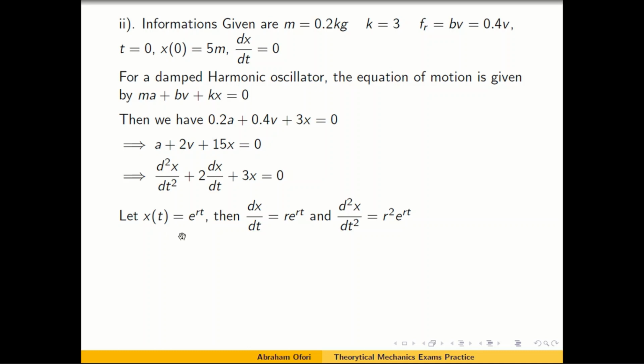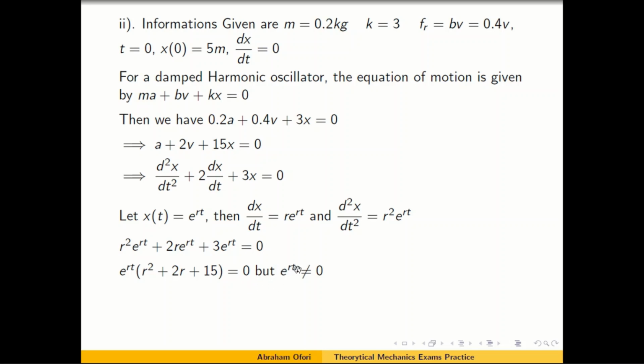After putting it here, this is what we get: d squared x dt squared is r squared e to the power rt. You put everything in, then you factor e to the power rt out, and you get r squared plus 2r plus 15. This is equal to 0.